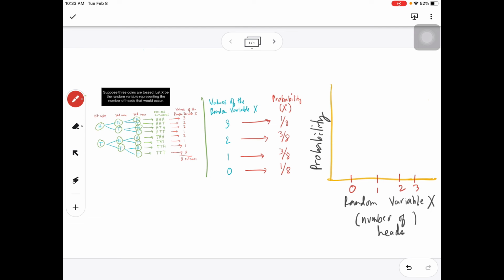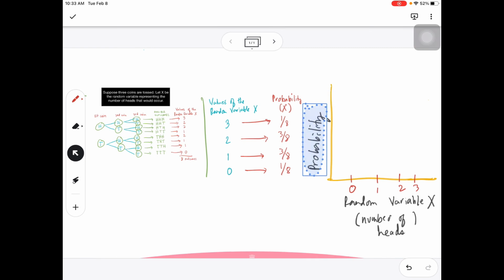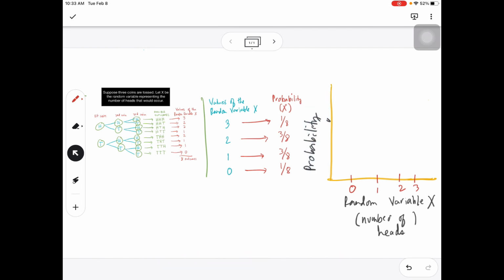For the probability, we can start with 1 over 8, 2 over 8, and so on.